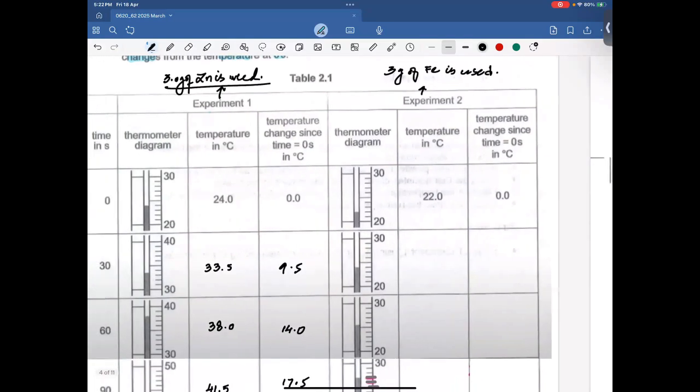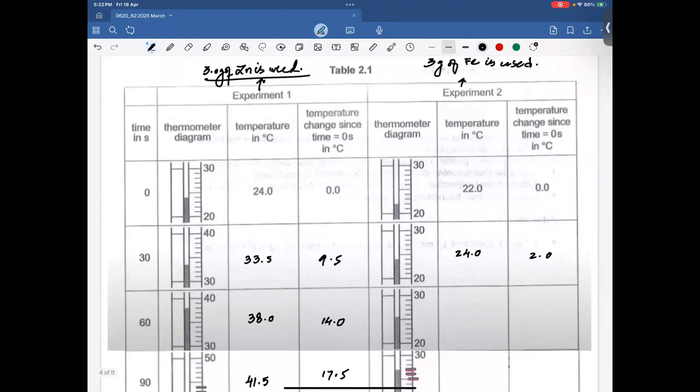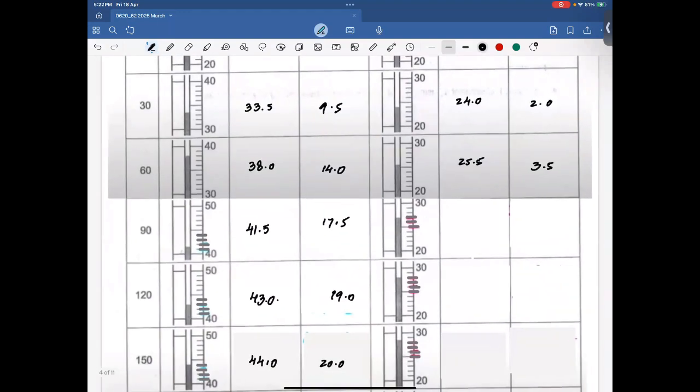Let's talk about the iron thing. Look at the iron temperature: 21, 22, 23, and this is 24.0. If I subtract these two values, I'll get 2.0. Okay. This is 25, 25.5. If I subtract, I'll get 3.5. Then 25, 26, 27, 27.0. So it's 5.0.